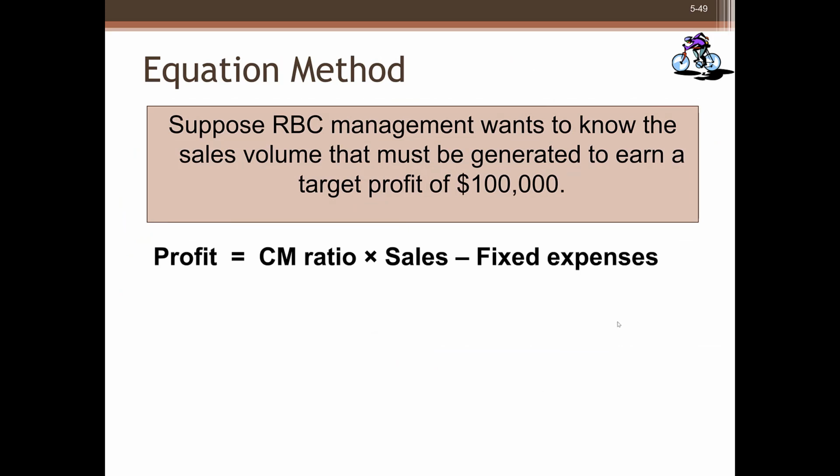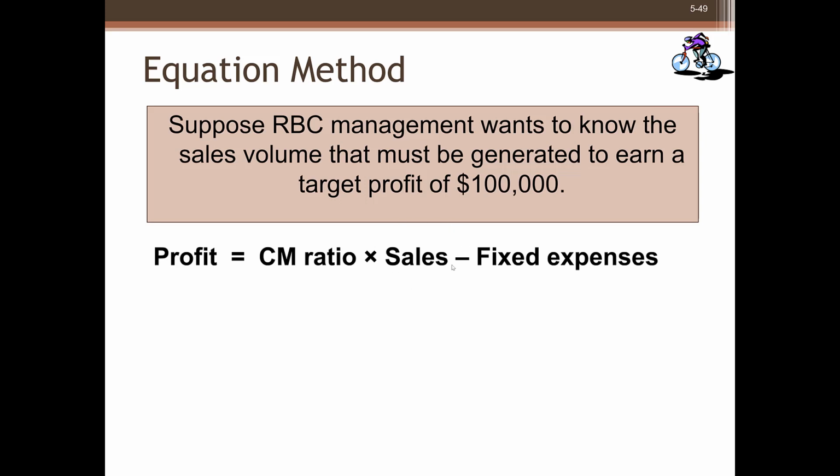Let's take a look at the RBC example. Suppose RBC management wants to know the sales volume which must be generated to earn a target profit of $100,000. Using the equation method, we write the equation here: profit equals contribution margin ratio multiplied by sales minus fixed expenses. Profit here is $100,000. Contribution margin ratio, recall that it's 40%.